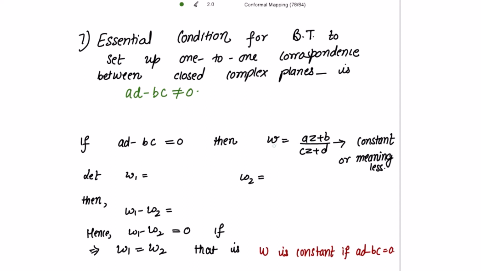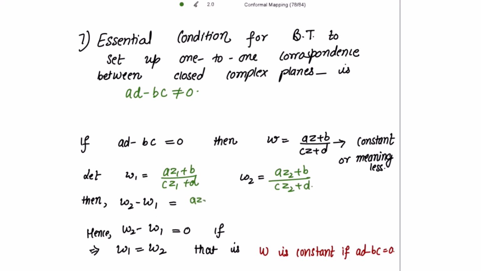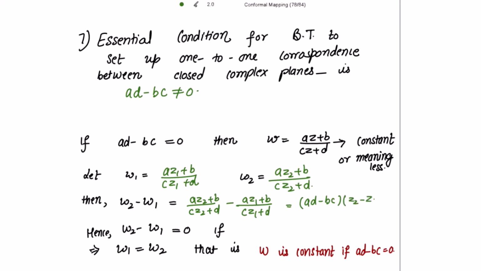Just put W1 instead of W and Z1 instead of Z. Over here we get the value of W1 as AZ1 plus B over CZ1 plus D, and W2 will become AZ2 plus B over CZ2 plus D. Then if I take their difference, I get AZ2 plus B over CZ2 plus D minus AZ1 plus B over CZ1 plus D. And after taking the LCM and managing the terms containing Z1 and Z2, we will get AD minus BC into Z2 minus Z1 over CZ1 plus D into CZ2 plus D, right?